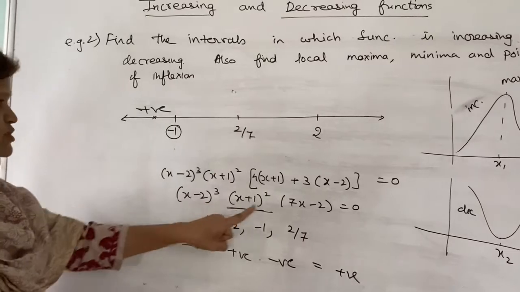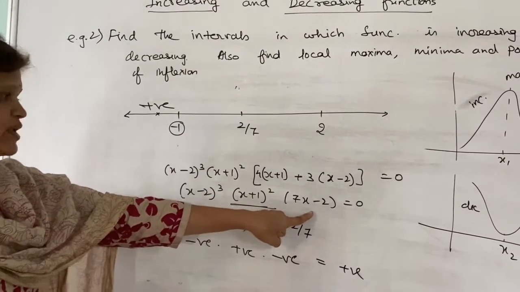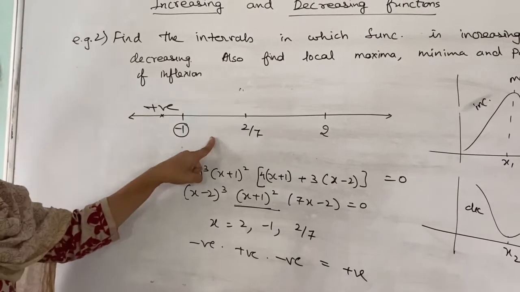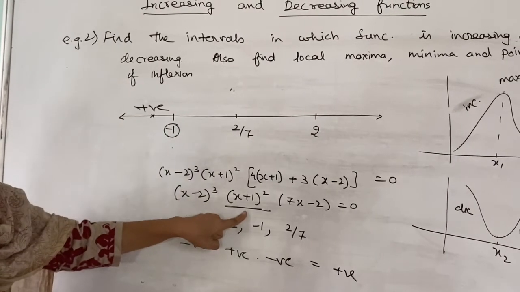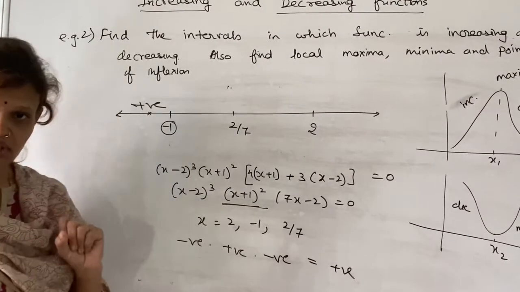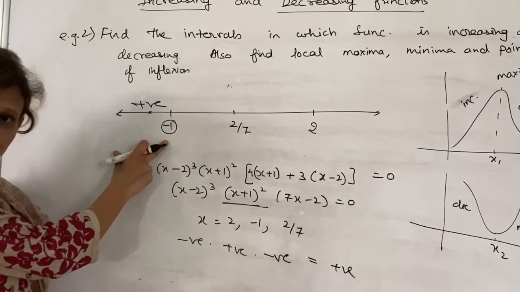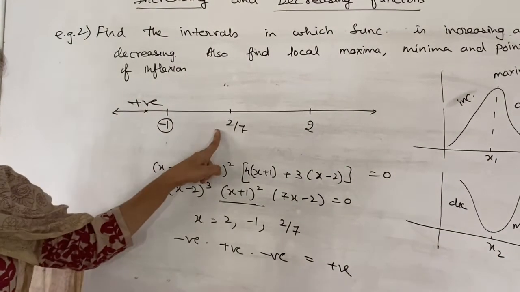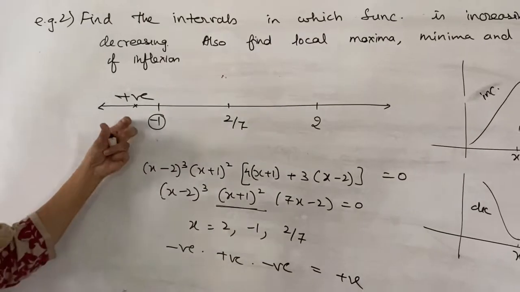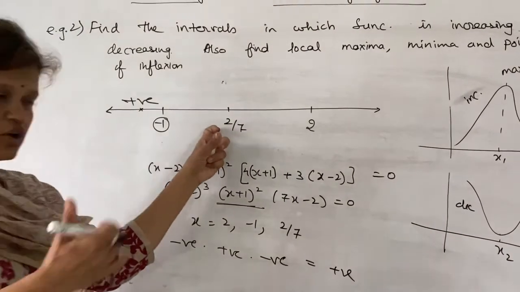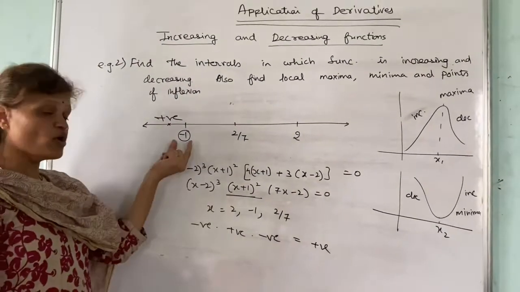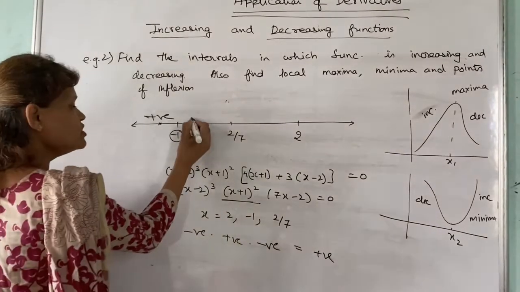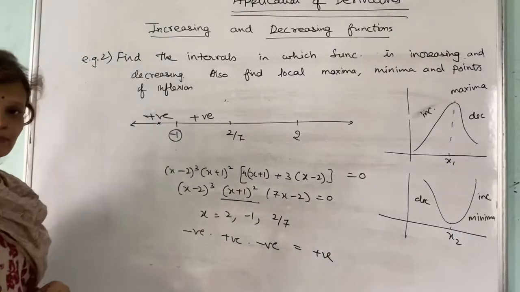Now after that this comes 2/7. There is no square term here. But when we are changing here, this point corresponds to the term which is a square term. So the point which corresponds to the square term won't change the sign of the function. Actually after positive it comes negative in the alternate intervals, but if the point corresponds to a square term, the sign won't change, so here also we will get positive.